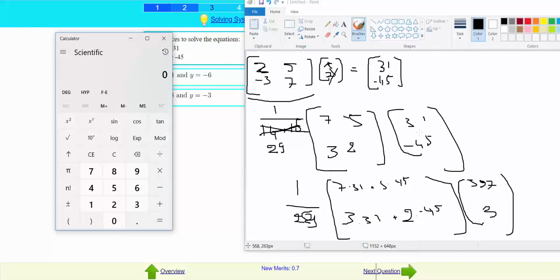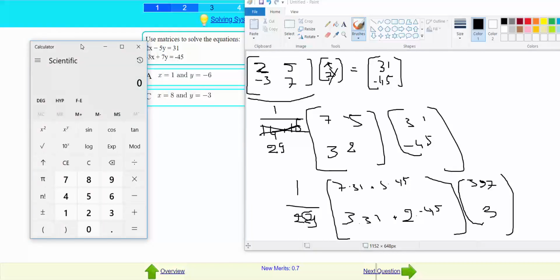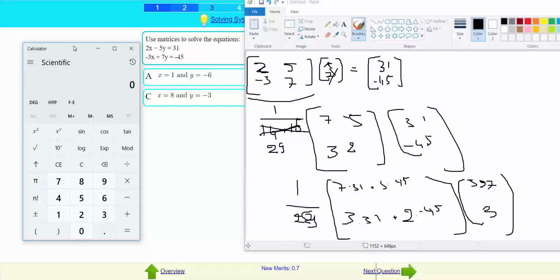So we've got 7 multiplied by 31, and then we've got -5 multiplied by -45. Interesting, isn't it? So we've probably done something else wrong. It's a negative here, so this actually becomes a positive as well. So this becomes a negative. That would make much more sense.